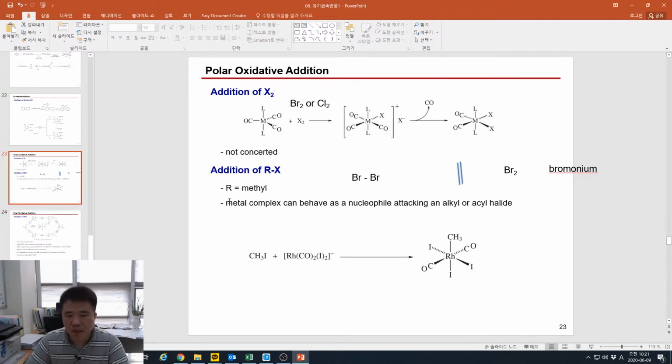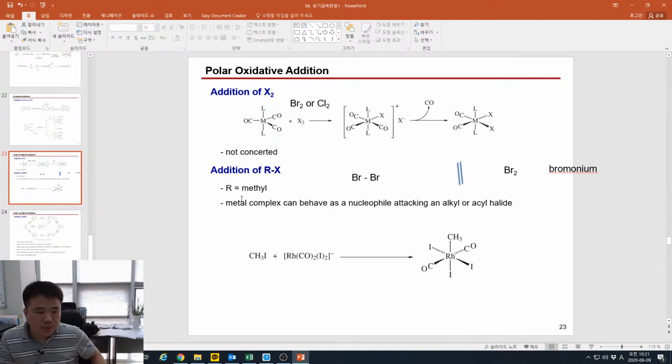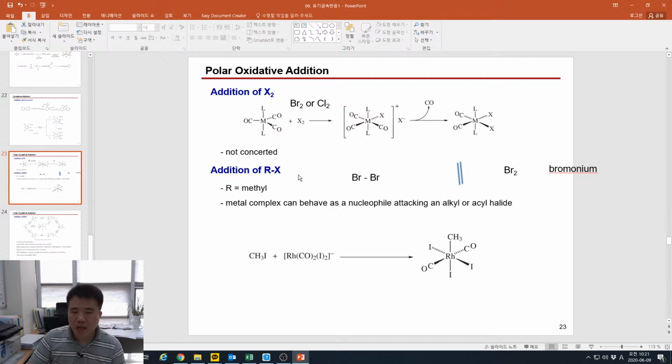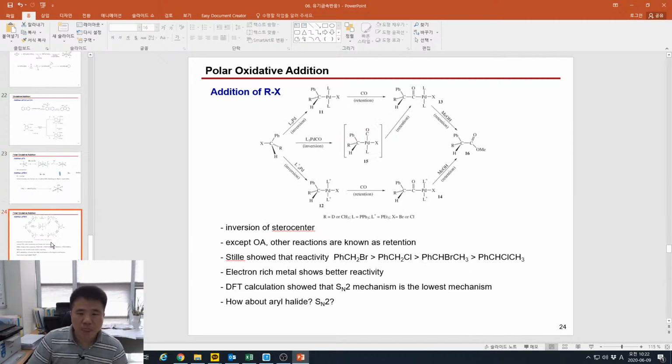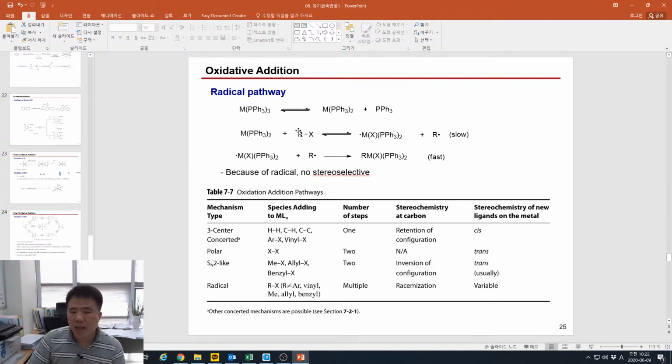If R is methyl, the reaction mechanism is similar to an SN2 reaction. However, in this case, R is not methyl, for example phenyl or benzyl. In this case, the radical pathway would be fast.